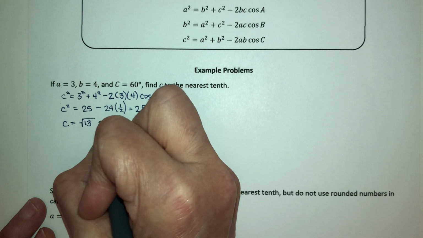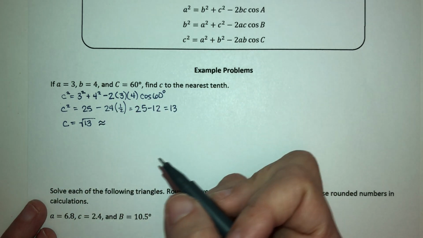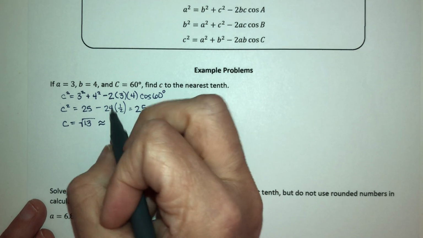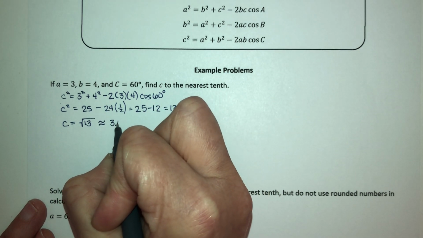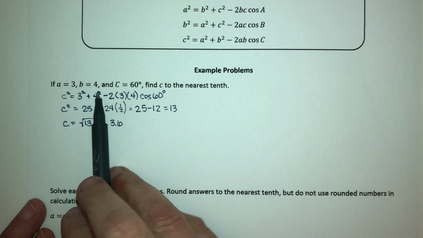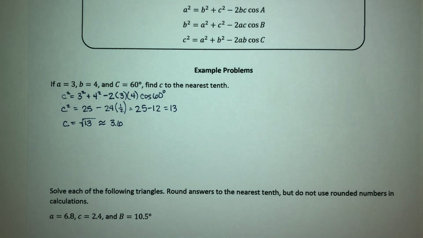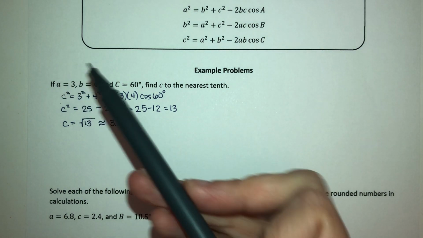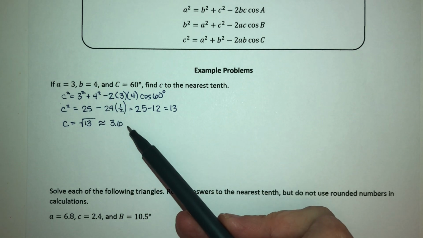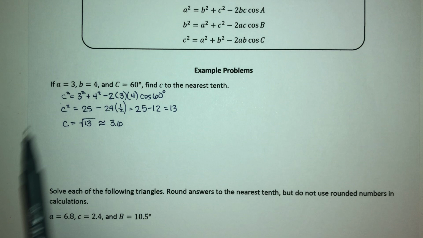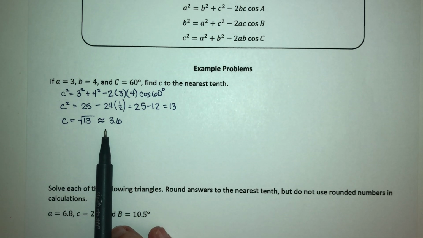So use your calculators to get an approximation to the nearest tenth, and the square root of 13 is approximately equal to 3.6. Now we're not given a unit for the sides, so my answer is just 3.6. If I'd been told that this was 3 centimeters and 4 centimeters, then I would put centimeters here. It is definitely not 3.6 degrees because it's not the angle we're looking for.